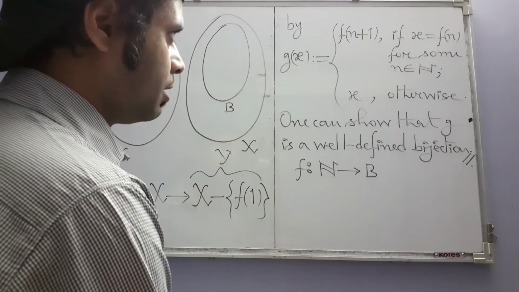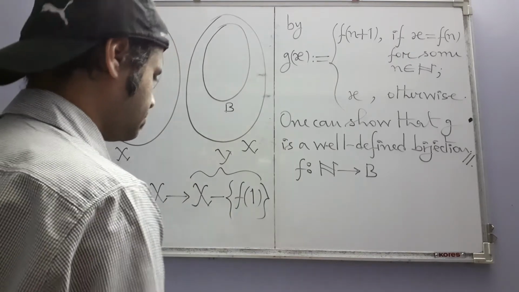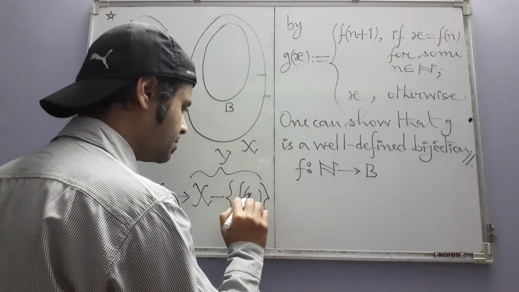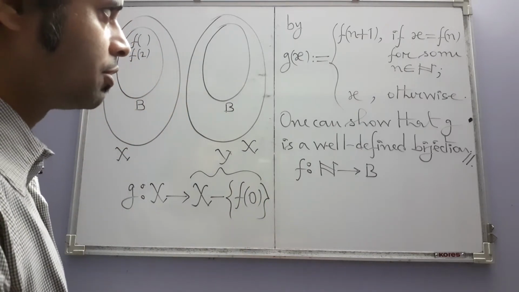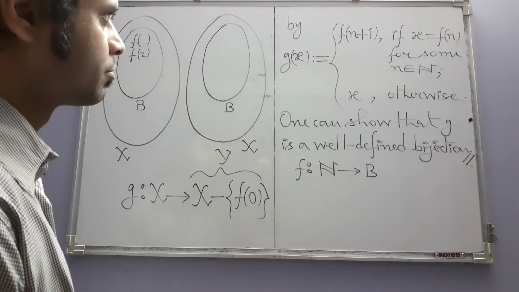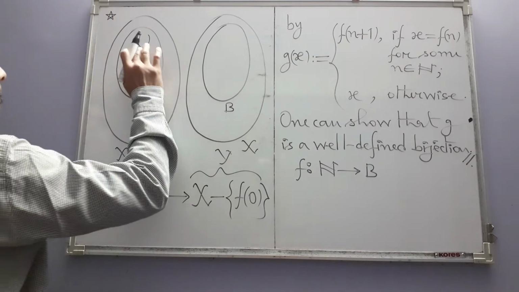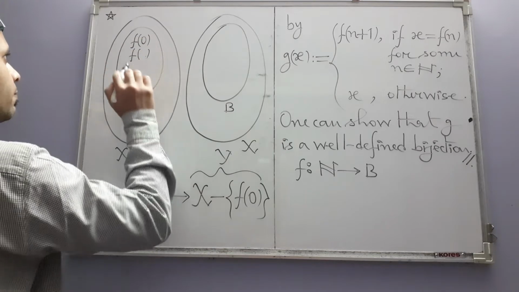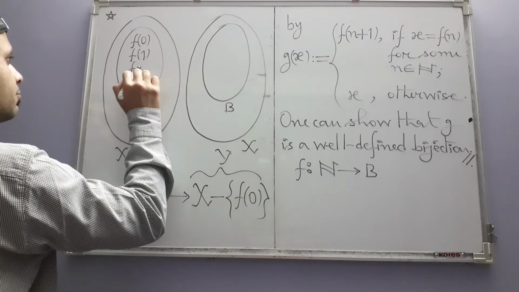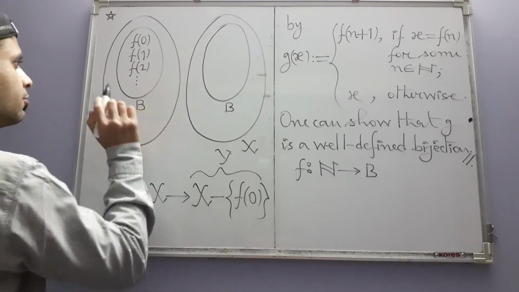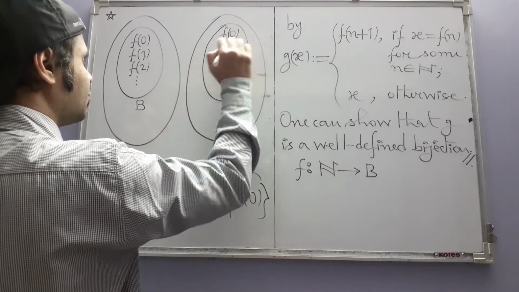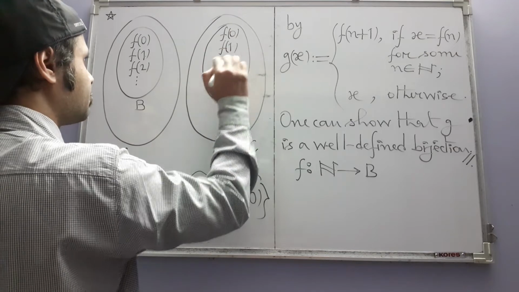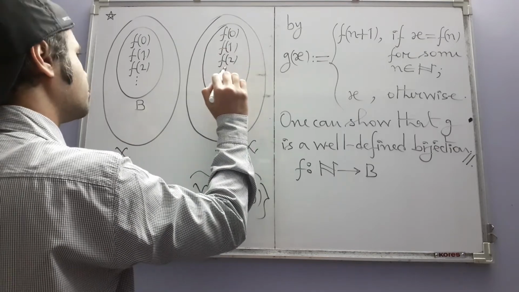I am saying f of 1, let me make it f of 0. That's because we are talking about natural numbers, no? f of 0, f of 1, f of 2 and so on. It goes like this, it does not end. Here also we have f of 0, f of 1, f of 2 and so on.